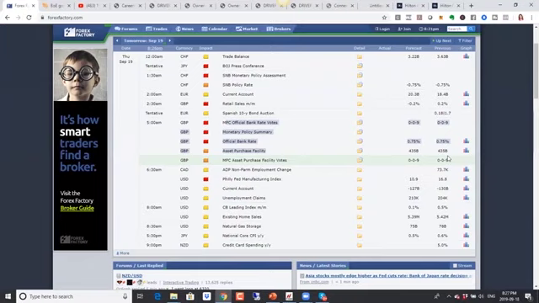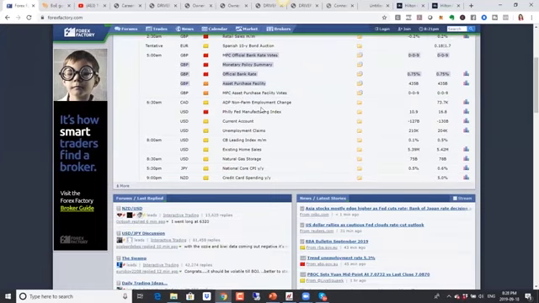Not expecting anything to change for that matter, so I would say things should just stay the same. But again, if they do mention some concerns about the economic conditions, Brexit, or the overall trade wars, then that could be a problem, and we could see the British pound drop as a result of that. Something to keep in mind here.